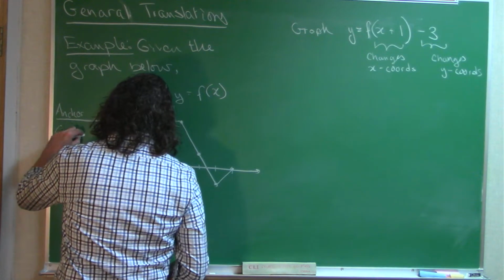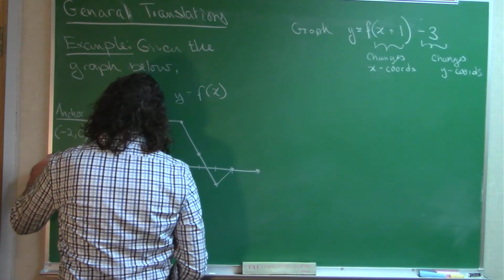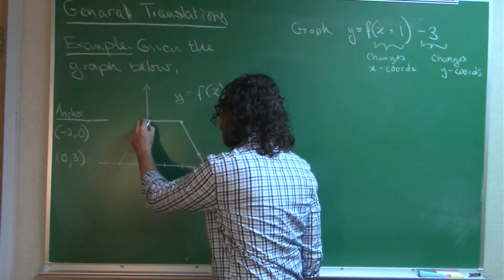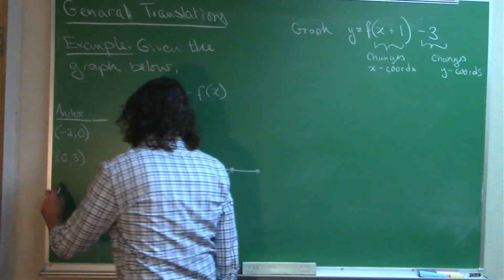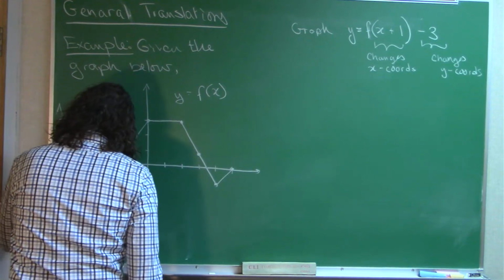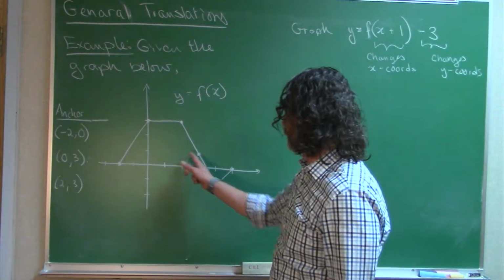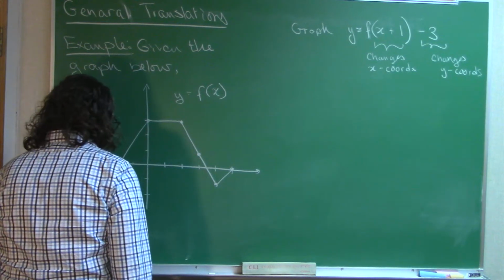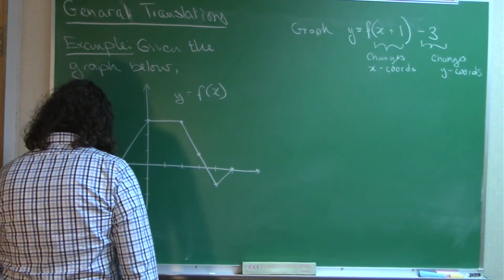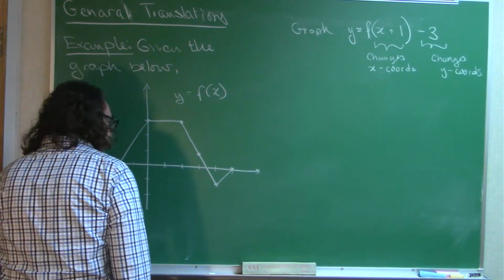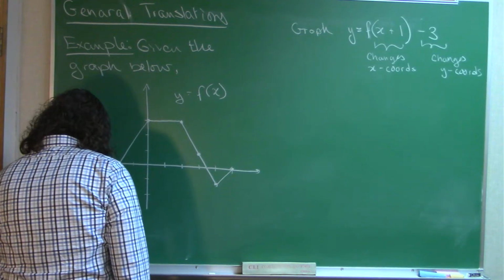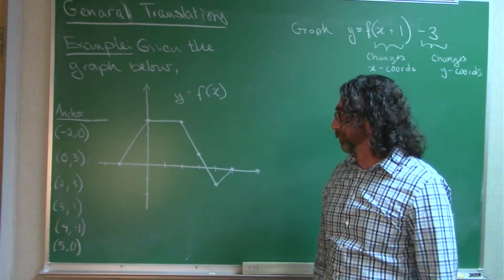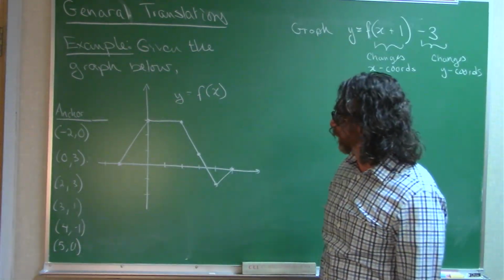So negative 2 comma 0, 0 comma 3, right, that's negative 2 comma 0, 0 comma 3, 2 comma 3, 3 comma 1, 4 comma negative 1, and finally 5 comma 0. I didn't really need to do all this, but I think it'll be helpful.